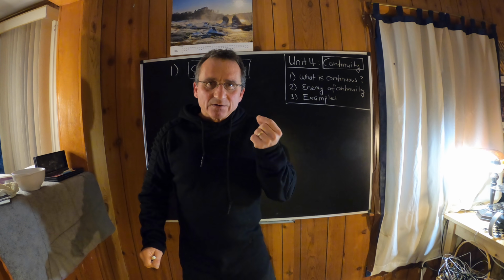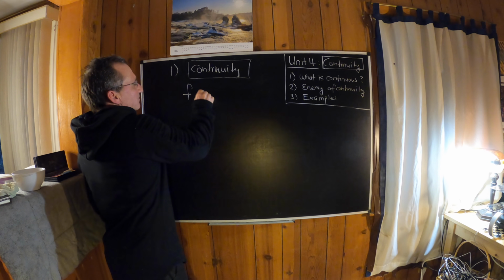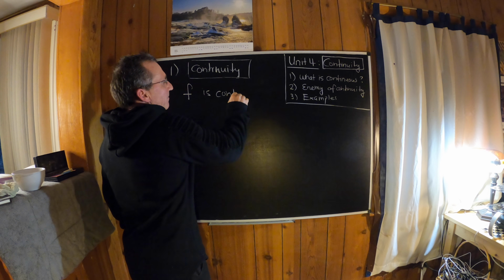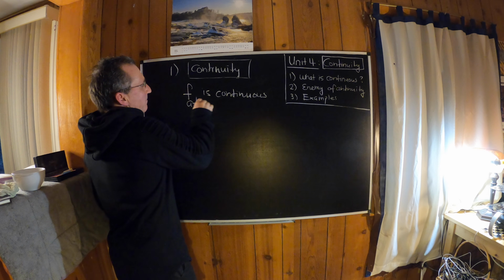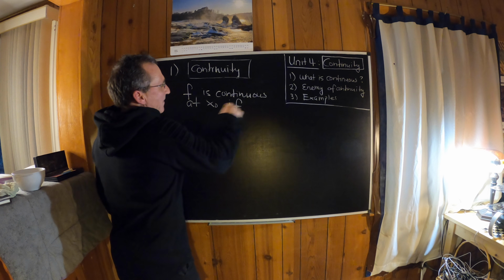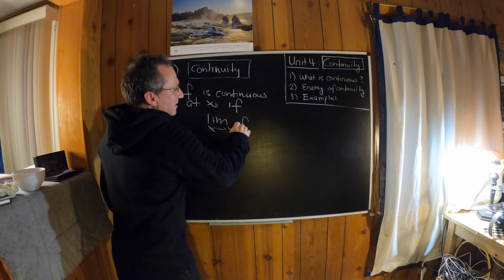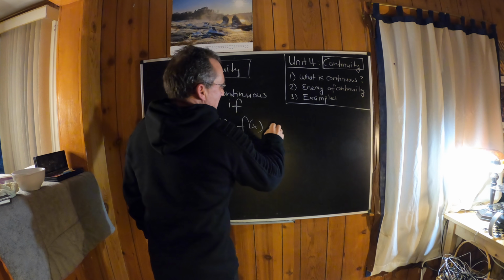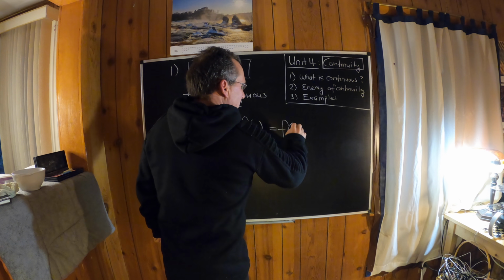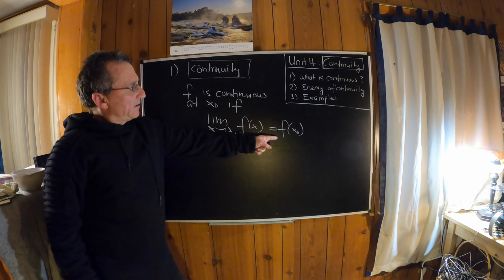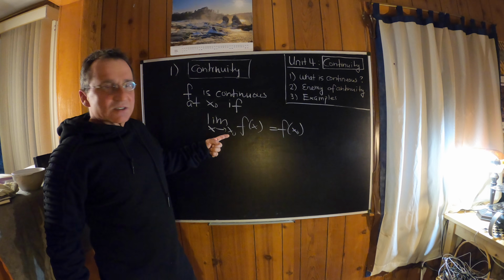A function is continuous at some point x naught if the limit as x goes to x naught of f of x exists, and independent of how we approach x naught.